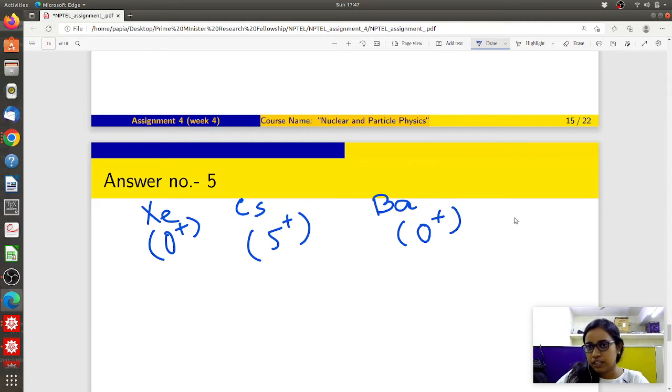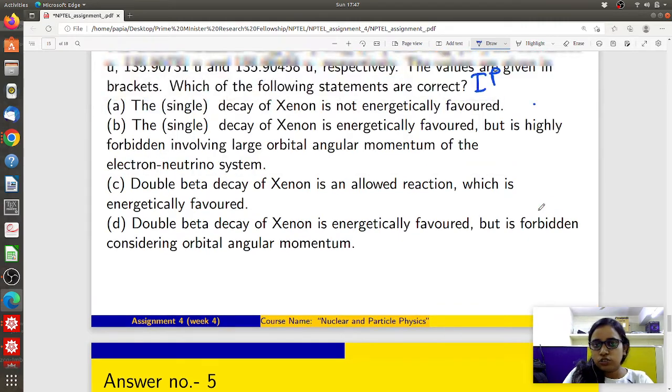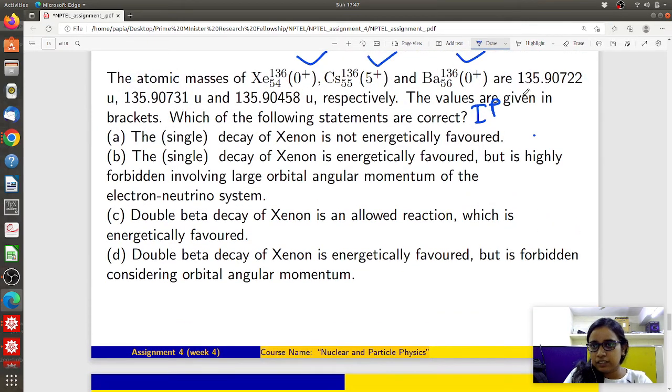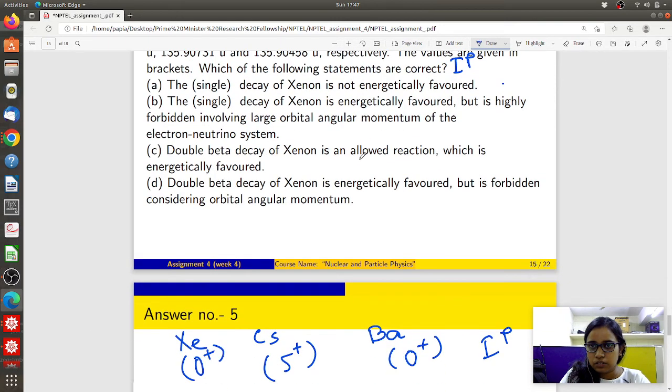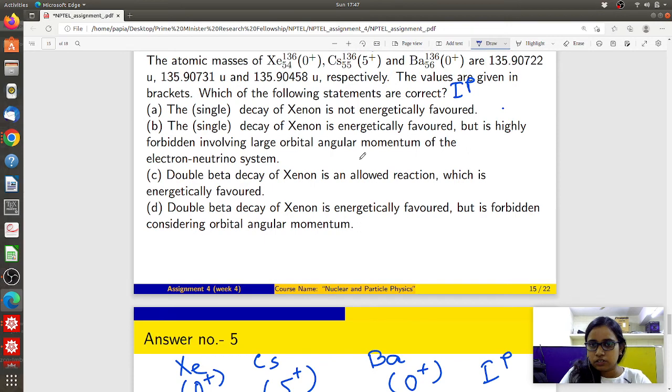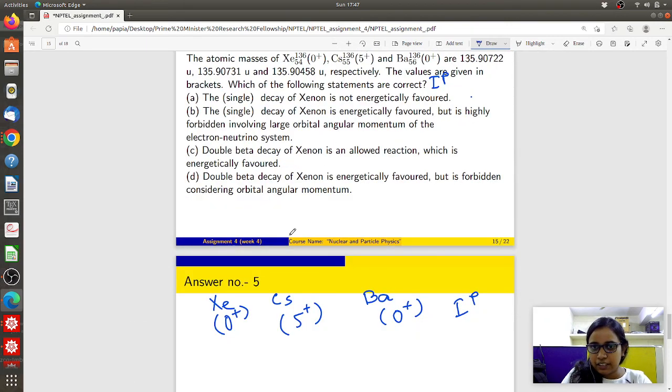And also some more things are given, the masses. Just a minute, I am writing these things, and after that I will zoom out again.